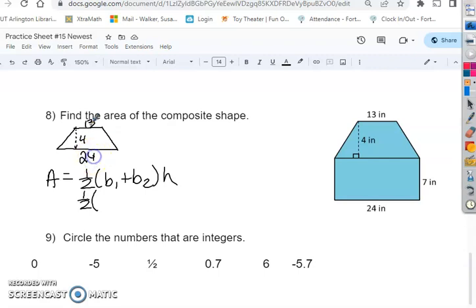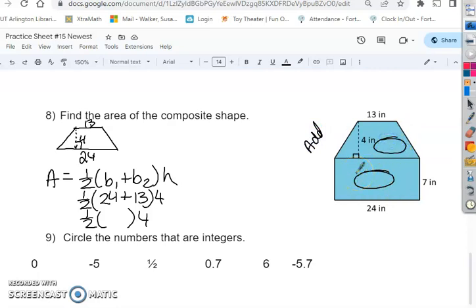These are parallel. 24 plus 13. And the height is where there's the right angle. Okay, so your job is to add those, right? Add those and put it here. My suggestion is take half of that 4 and then multiply. Okay? Then your last step is add. Add the 2 numbers. Add whatever you get here. Add whatever you get here.